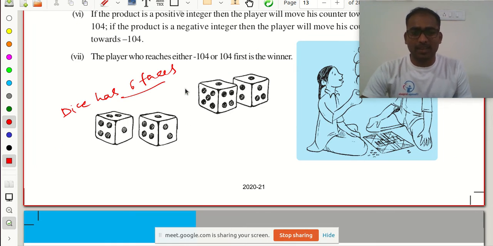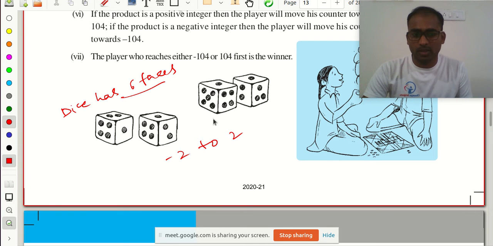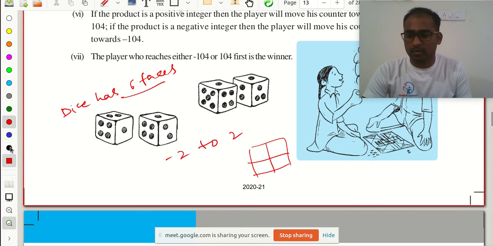Kirtana, we will go from the basics. Suppose minus 2 to 2, and I am having a box like this. So here minus 2, minus 1, 0, 1.